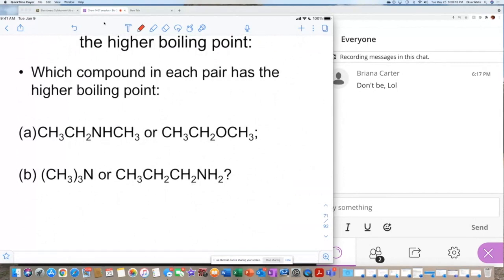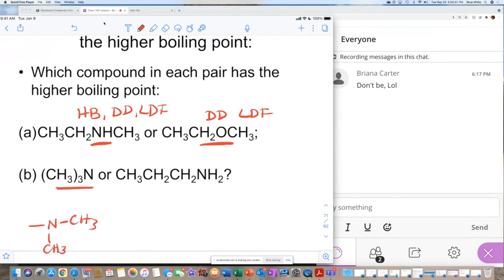So of course, when comparing these two, I'm going to go a little faster with this part here. With ether, of course, you know you have dipole-dipole and London dispersion force. This one here, NH, definitely hydrogen bonding, dipole-dipole, London dispersion force, okay? This one here, it's essentially N with three CHs, so there's no more hydrogen bonds left.